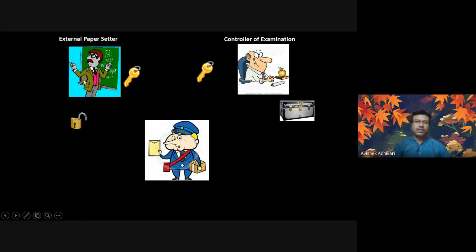So he is actually sending the message. That's why he is the sender, he is the receiver, but the infrastructure was actually made by this controller of examination. That means who will be the receiver will make the infrastructure.